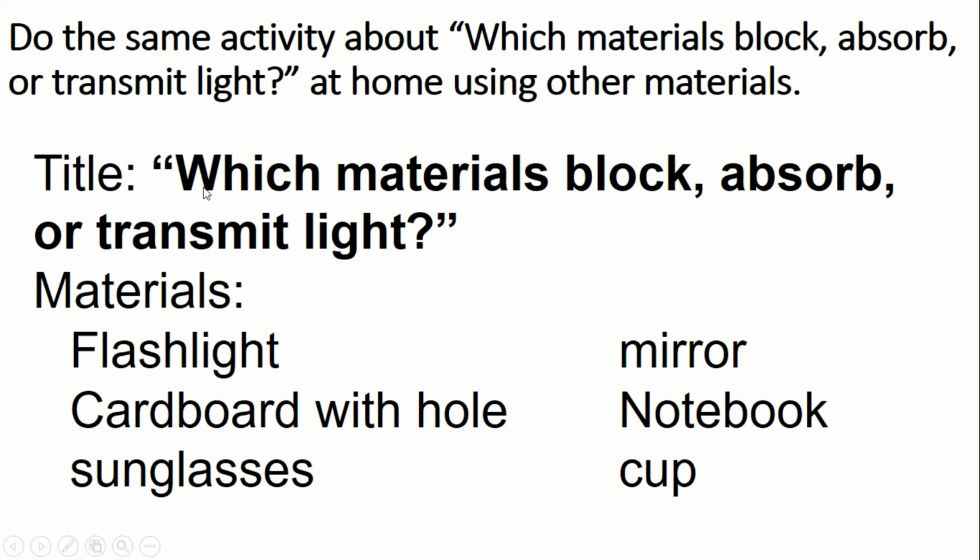Now you will do this, okay, at your home with the guidance of your parents, your ate, or your guardians. So you are going to prepare the materials: the flashlight, cardboard with hole, the one that you have seen a while ago, sunglasses, mirror, notebook, and cup. So these are the materials that you will prepare.